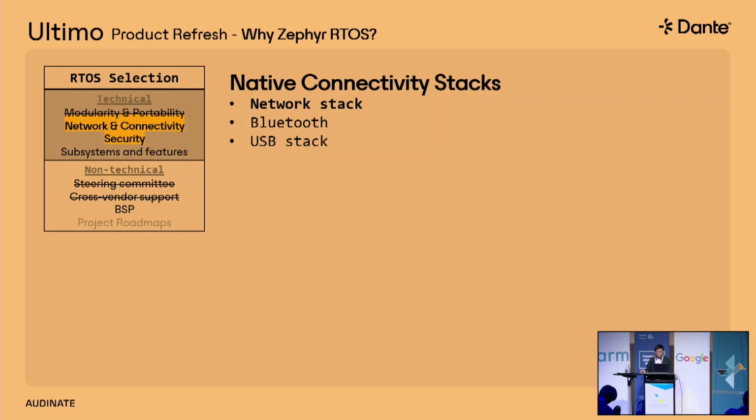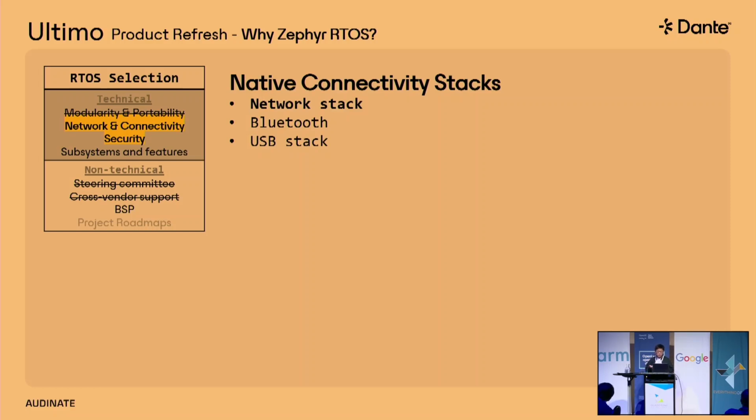And there's also a USB stack, which I believe the USB-C stack is a Chrome OS USB-C port where Google has contributed. And this is nice because unlike Zephyr, some other RTOS, such as FreeRTOS, you would need third-party network stack libraries to be introduced to your system, such as LWIP. And having a native stack is easier to work with.